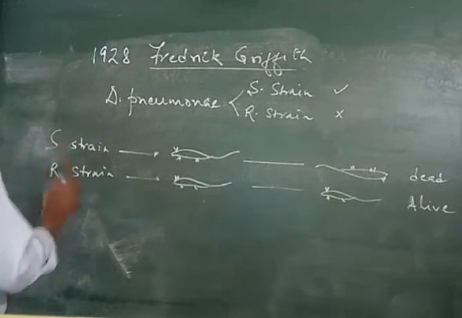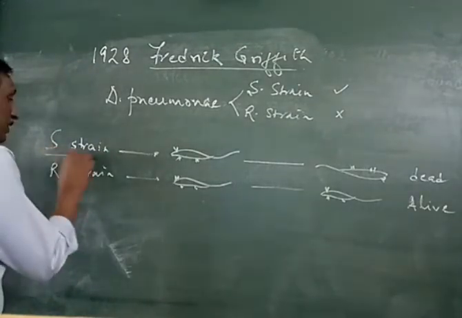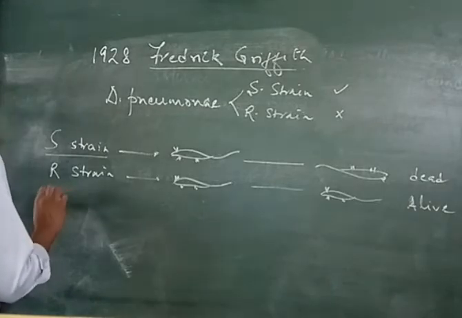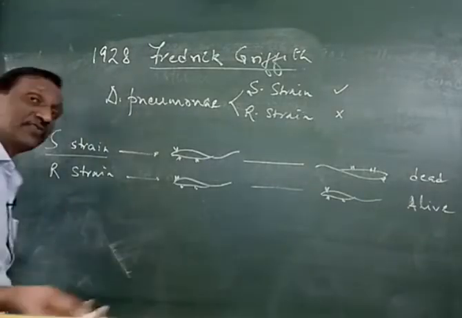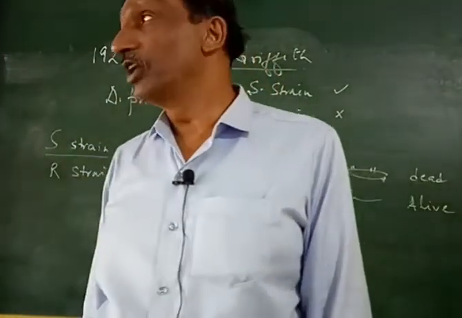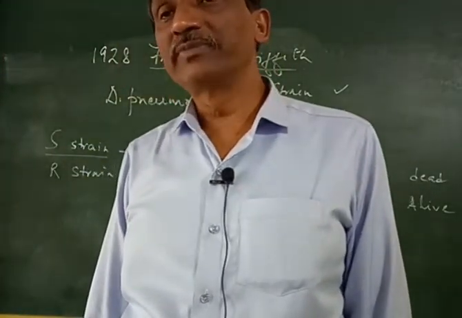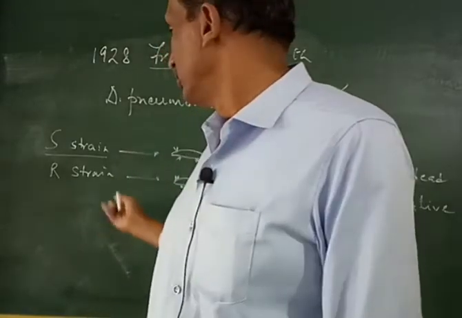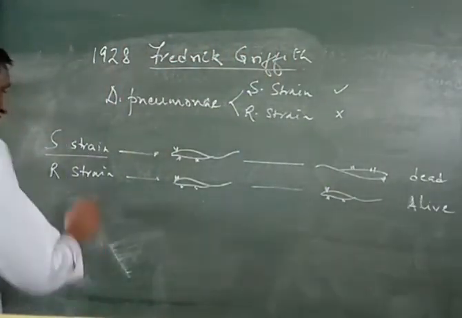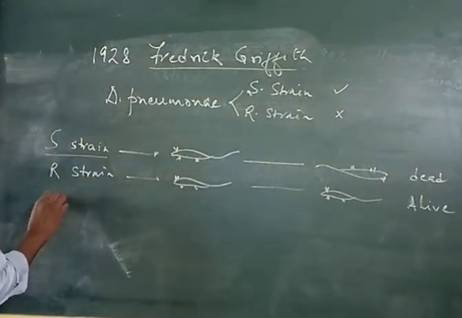In the third part of his experiment, he boiled the S strain bacteria. It is obvious that on boiling or heating, the organism dies. On boiling, he found that the S strain was not able to cause disease.